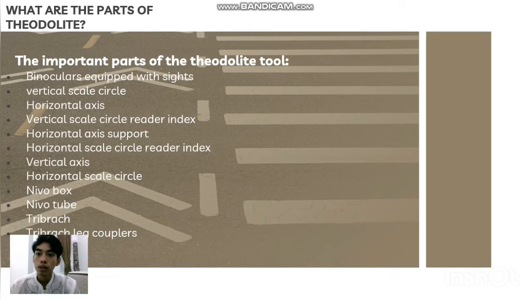The important parts of the theodolite: binoculars equipped with sight, vertical scale circle, horizontal axis, vertical scale circle reader index, horizontal axis support, horizontal scale circle reader index, vertical axis, horizontal scale circle, level box, level tube, tribrach, leg couples.